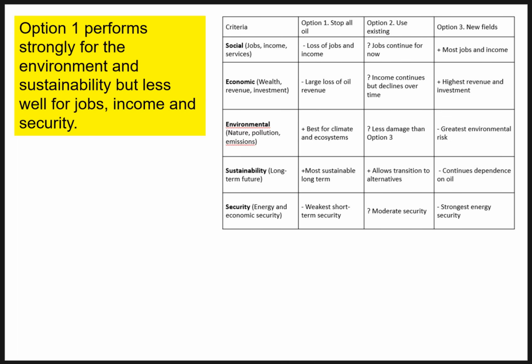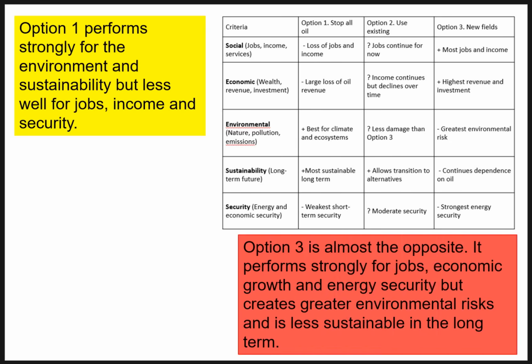We've got a plus here, and sustainability, I've given it a plus here. It's also working. Option 3, this is different. Option 1 doesn't perform well for loss of jobs, income. But option 3, which is basically to continue with the new fields, means good revenue, good investment, good for jobs. So good.